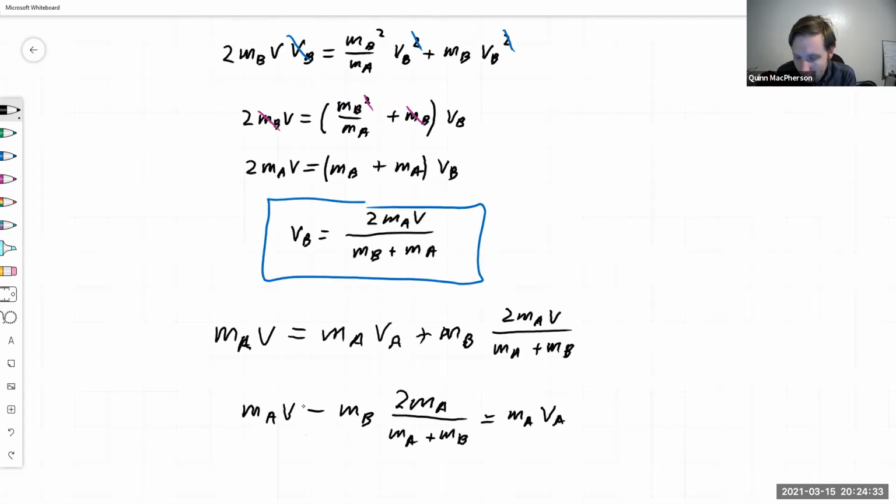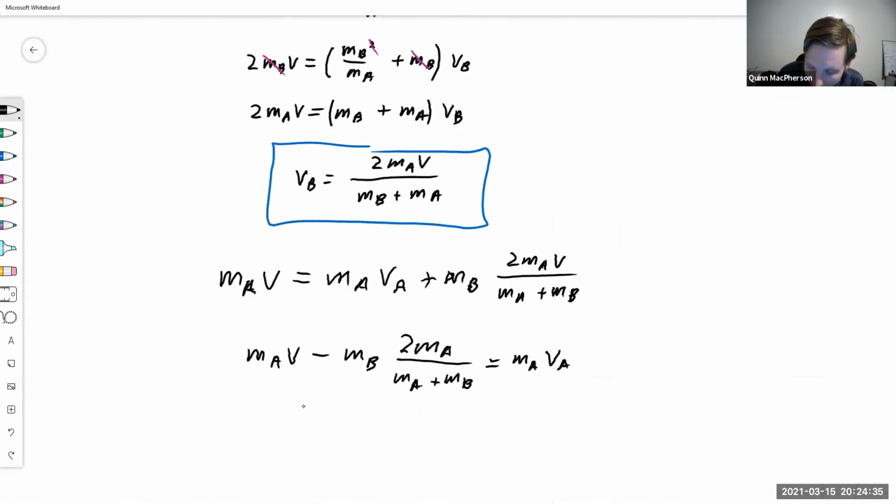Okay, I can divide by MA, and I get V minus 2 MB over MA plus MB times V. I missed a V here. Times V is equal to VA.